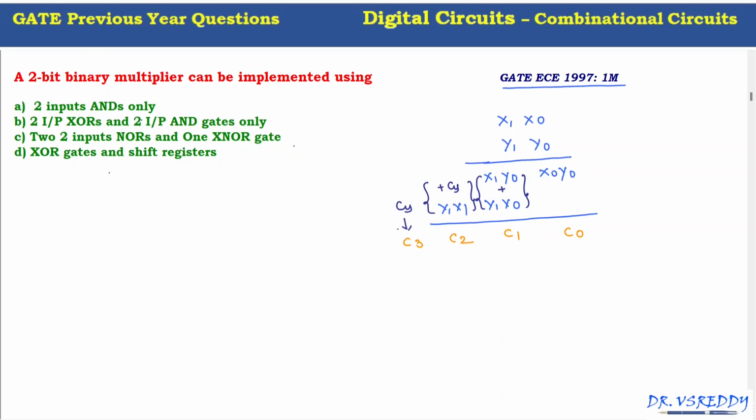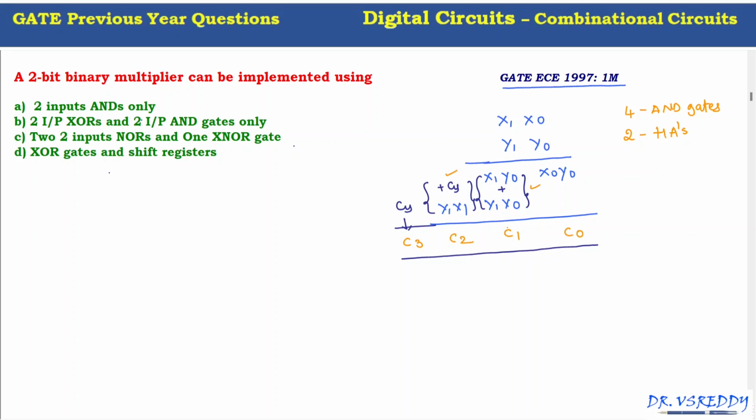This is the simple 2-bit binary multiplier. To perform this, we need 4 AND gates, and also we require 2 half adders, one here and one more here.